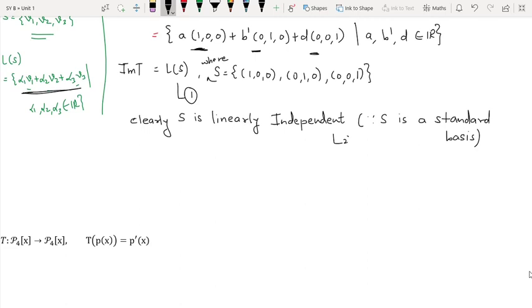So I'll call it 4, and this is 5. Is that okay? So from 4 and 5 we can say that S1, which we have already shown, is a basis.